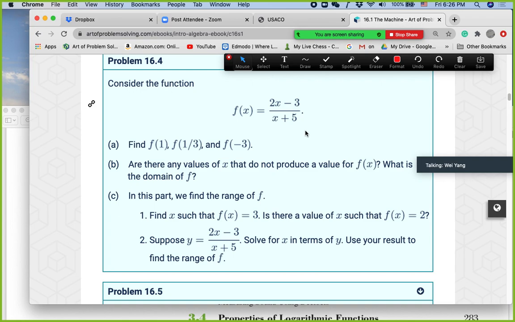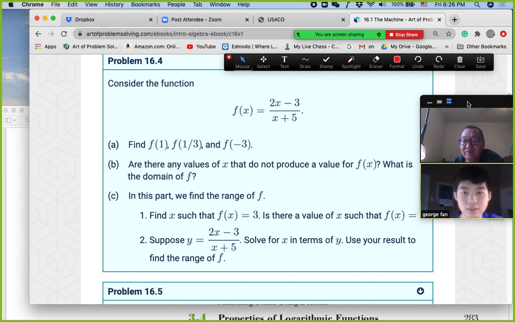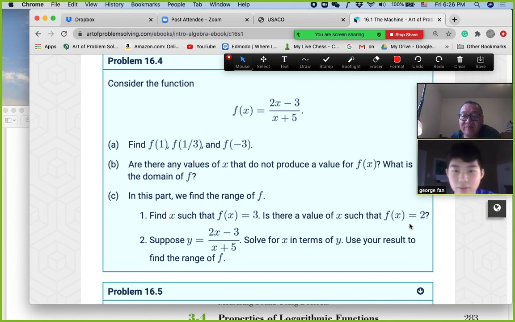Can you read this problem? Consider the function f of x equals 2x minus 3 over x plus 5. Okay, find f of 1, f of 1/3, and f of negative 3. f of 1 equals what?